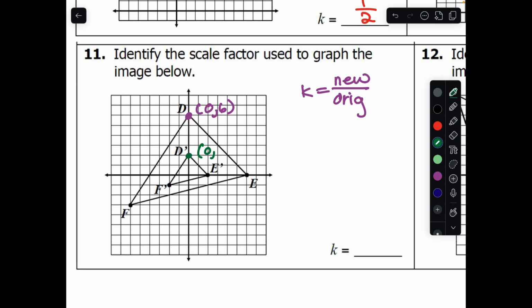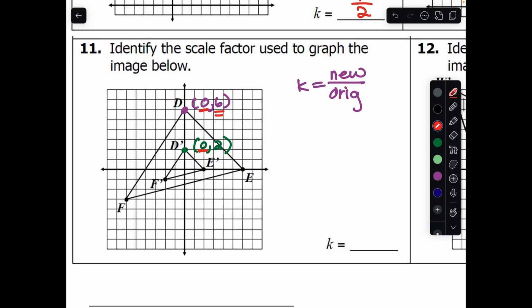0, 2. So I know the first number, the x-coordinate, doesn't tell me anything because it's 0. That stays the same no matter what you multiply with it. But the y-coordinate, 6 from the original and 2 from the new, tells me what I need to know.